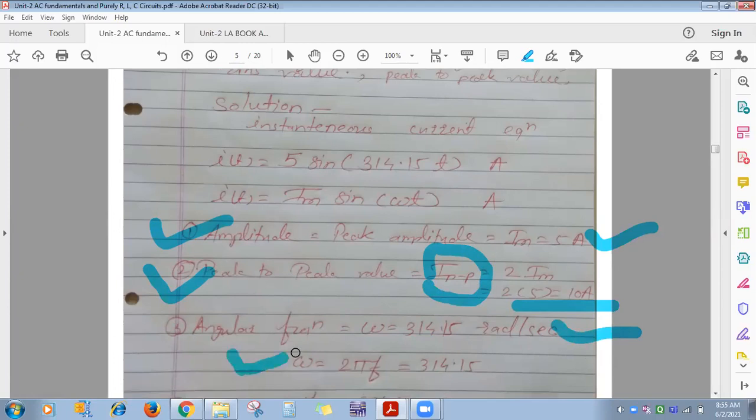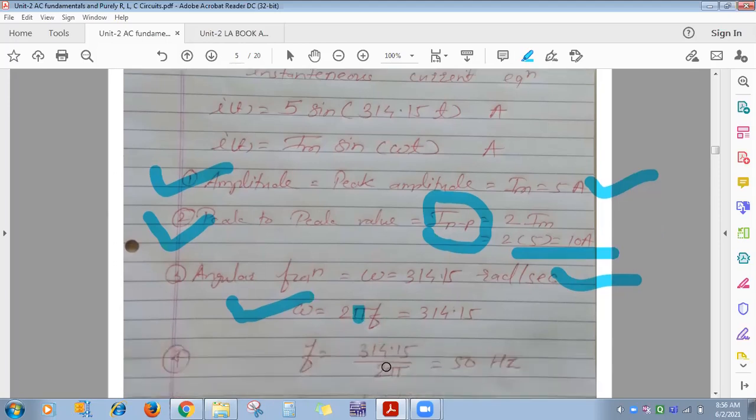What is the formula of omega? Omega = 2 pi f. Using this, can you calculate the frequency? Pi means 3.14. Put it here and the frequency is 50 hertz.